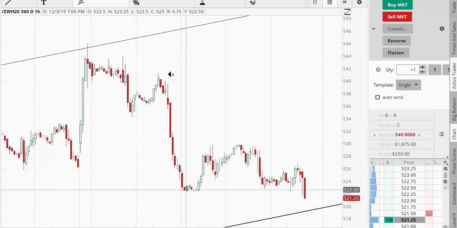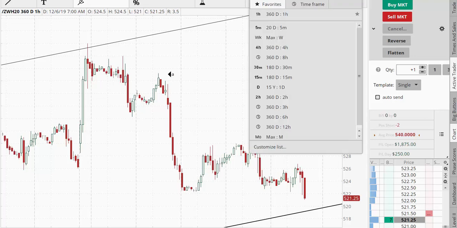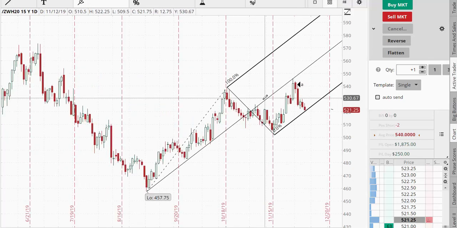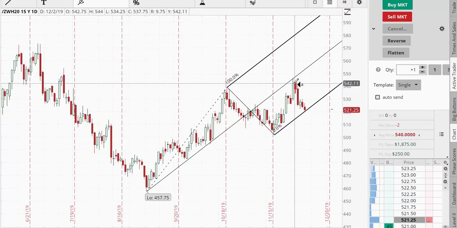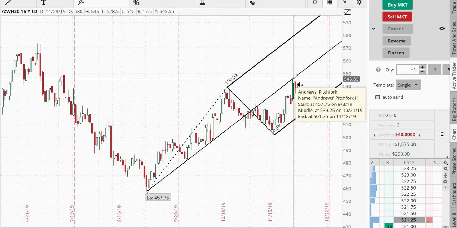Now, as I said in the other video, when you have a waterfall pattern, if you're in the expanded course, I'll let you know when I see one. Let's say, to give you an example, as price went up here, there's a daily chart.